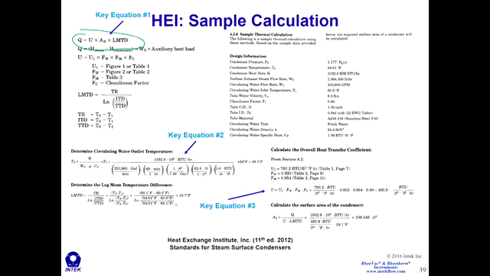But these are the equations you need. This one here, which is Q equals U A delta T LM. This one here, which is the energy balance equation, Q equals m dot C sub P delta T, and then this one down here, which is the HEI formula that we just talked about.